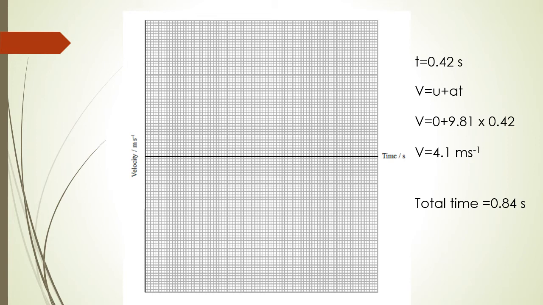Means when we drop the object, initial speed is 0 and it reaches a speed of 4.1 meter per second in 0.42 second.